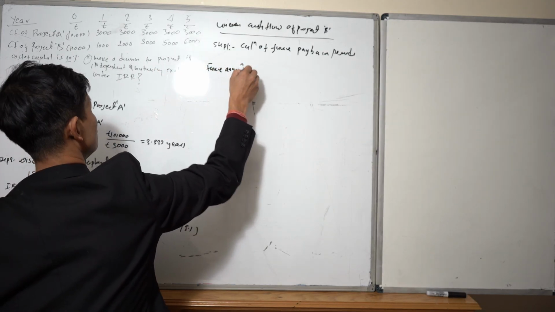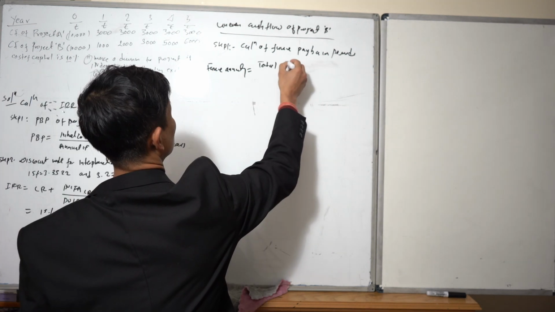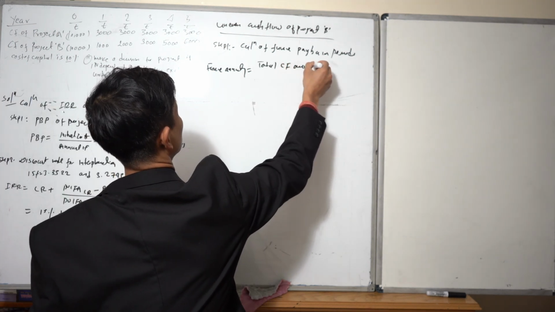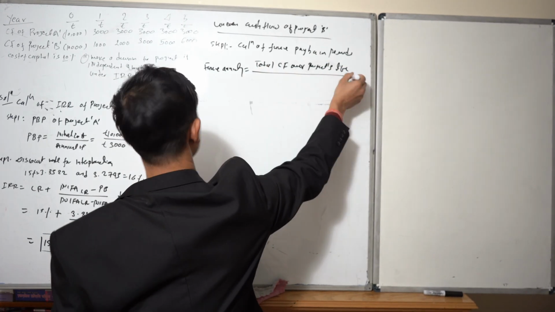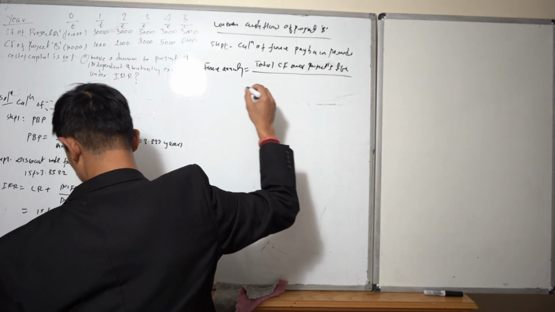Fake annuity is equal to total cash flow over project life divided by project life.